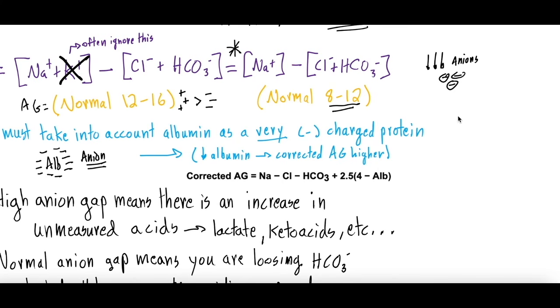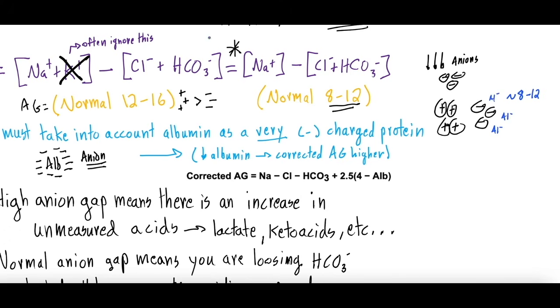If we think about that kind of in drawing form, if a normal anion gap assumes the albumin concentration is normal, and you have a normal anion gap but a low albumin, what's actually going on is something has taken the place of albumin, right? So let's say we have a normal anion gap, 4 positives, we'll say kind of 3 negatives, just for the sake of this drawing, to make a normal anion gap of about 8 to 12. But that is with all this albumin that's negative floating around, right?